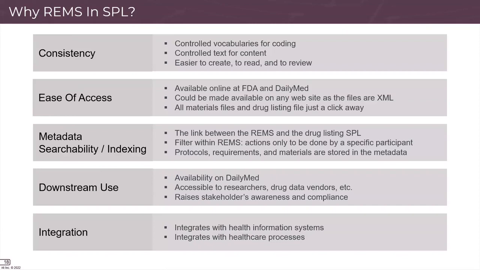You also have a link between the REMS and the related drug listing SPL, and within the REMS itself, there's a style sheet that could filter the requirements by participants, so they'd only see what pertains to them. And the REMS in SPL would be easily available online, as I already mentioned, but that would also allow it to be used downstream by other entities like research and data vendors. Finally, there's a potential to integrate the REMS directly into healthcare processes and systems.